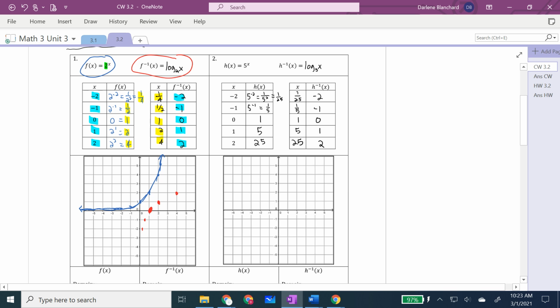And now I want you to think about what the graph of this inverse function should look like. And I want to point out to you over here that on the left end of the graph, you have your function asymptoting.